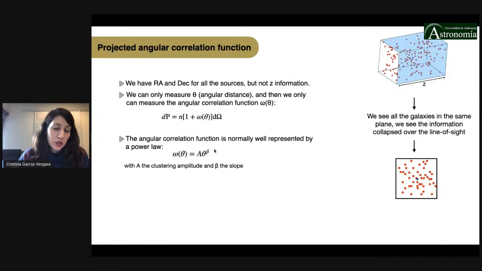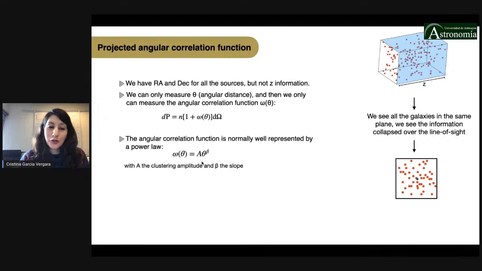And this correlation function also has a power law shape represented by this equation here, but in this case, we don't have the R0 and gamma parameters. Instead, you have A and beta parameters, where A is the amplitude of the clustering, similar to R0, and beta is the slope.